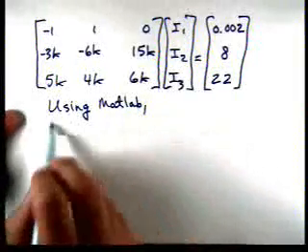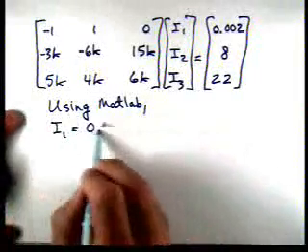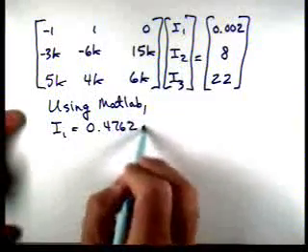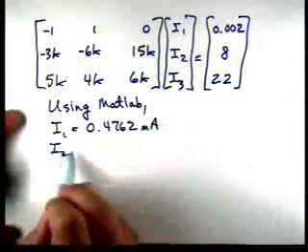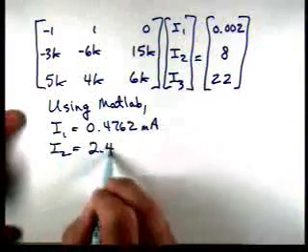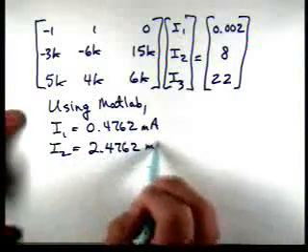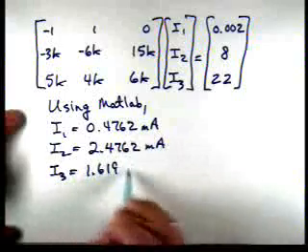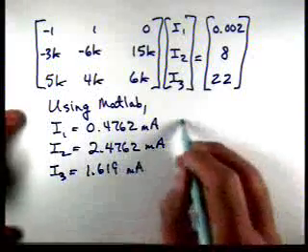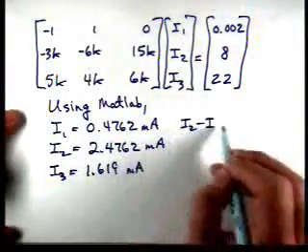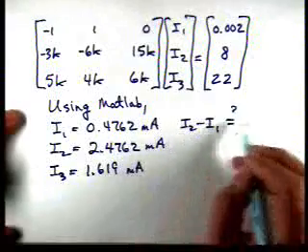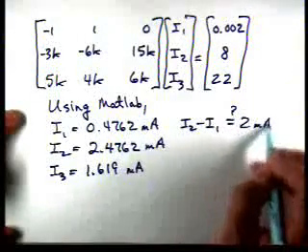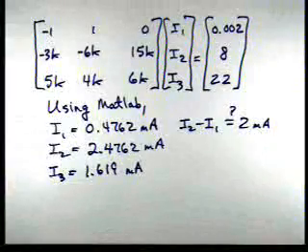We get I1 is 0.4762 milliamps, I2 is 2.4762, and I3 is 1.619. Now if we check, we know that I2 minus I1 was supposed to equal 2 milliamps, and if you subtract I1 from I2, notice you get 2 milliamps.